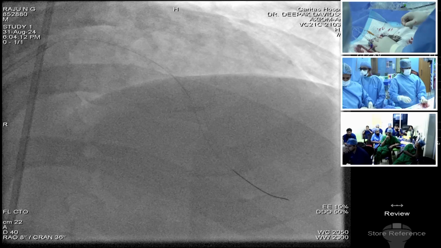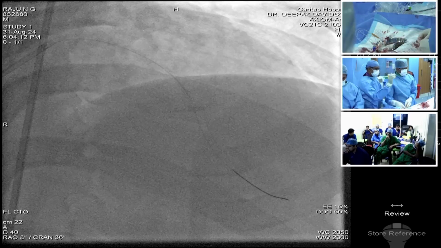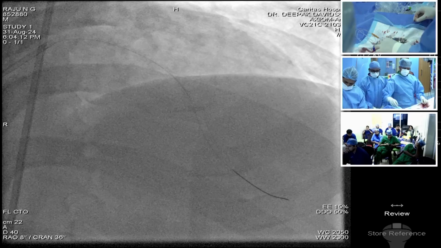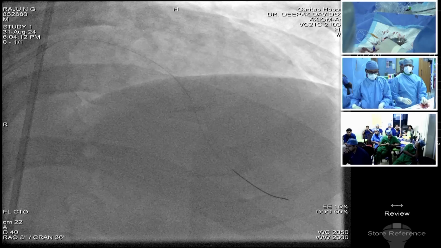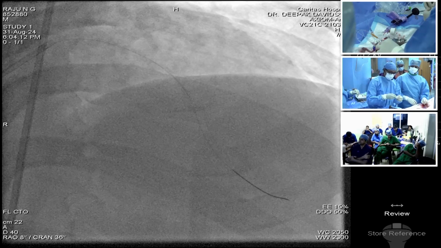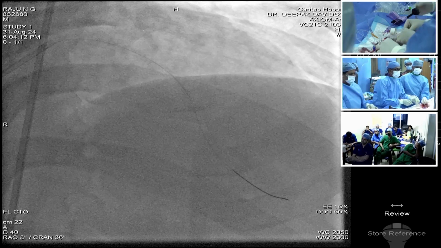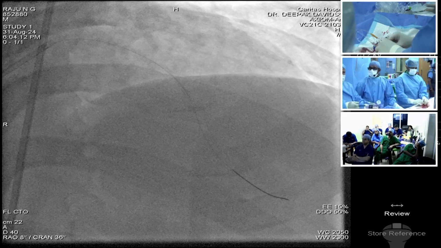The lesion is not fully prepared, but then I think we'll go with the stent. Now, post dilatation with 2.5 short balloon and 3 balloon. 2.5 and 3 balloon. And then followed by OCT pullback.